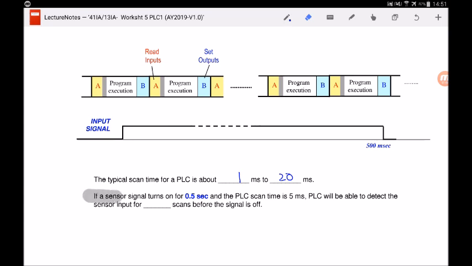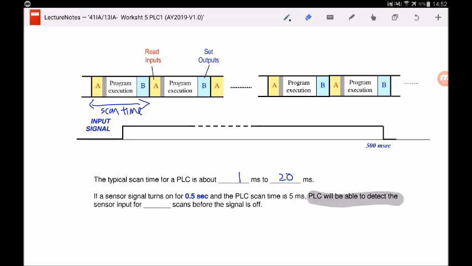If a sensor signal turns on for 0.5 seconds, can you see this? This is the sensor signal. It turns on for 0.5 seconds, which is 500 milliseconds. And the PLC scan time, a PLC scan time typically is read input, execute program, set output, correct? So this is one scan time. Say the PLC scan time is 5 milliseconds.